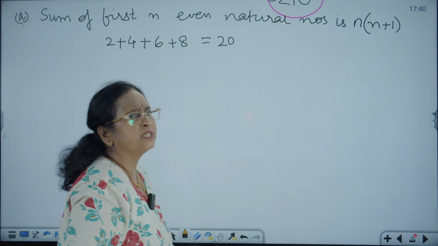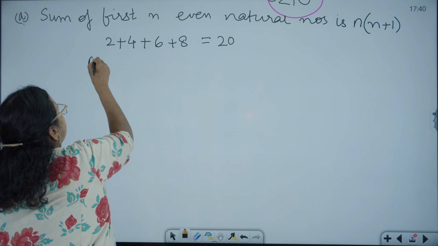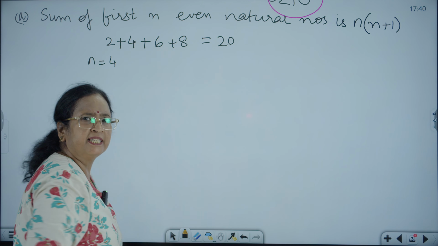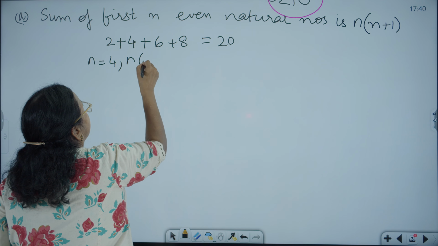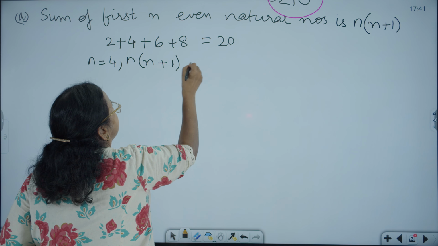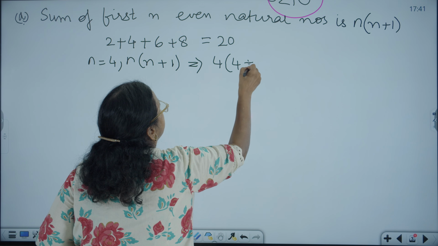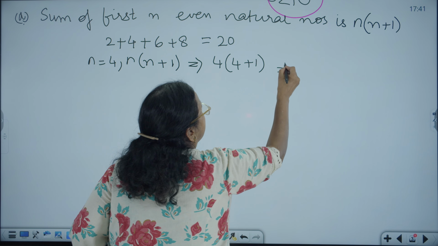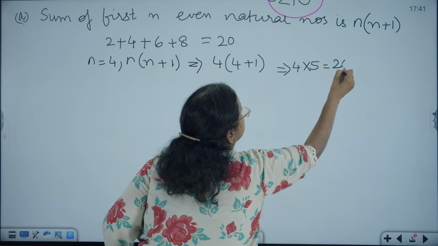Now, if I use this formula for these 4 numbers, here I have n as 4, isn't it? n bracket n plus 1, that implies 4 bracket 4 plus 1, that implies 4 into 5, that is 20.